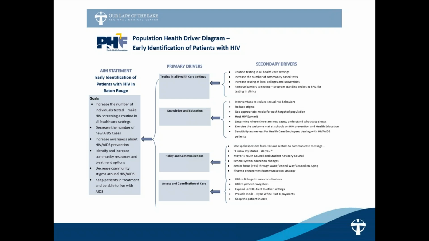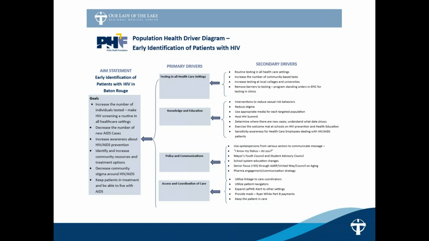With Jack's help, and with everyone gathered in the room for the first meeting in January of 2017, what we brought to that group of stakeholders was every objective or goal that we already had on our community health needs assessment. So we didn't recreate the wheel. We took all the work from the previous 3 to 6 years and said, let's put it on paper on this health driver diagram as the goals.